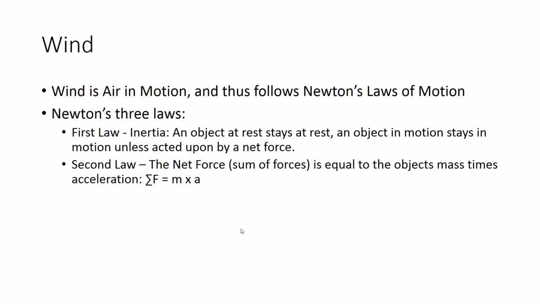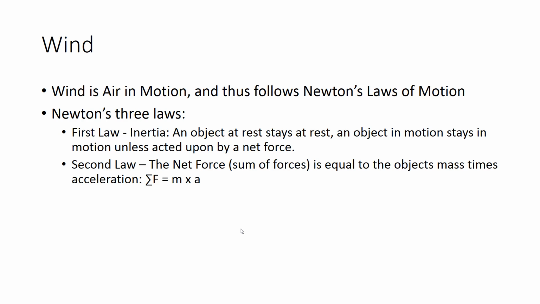Now, with that said, this net force can actually be a sum of individual components. There may be many different forces acting on something. For example, with the baseball, I mentioned the drag from the air slowing the ball down.